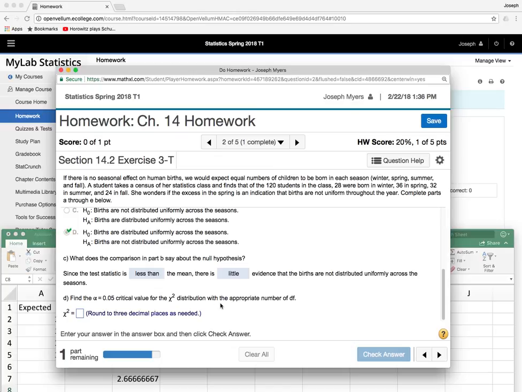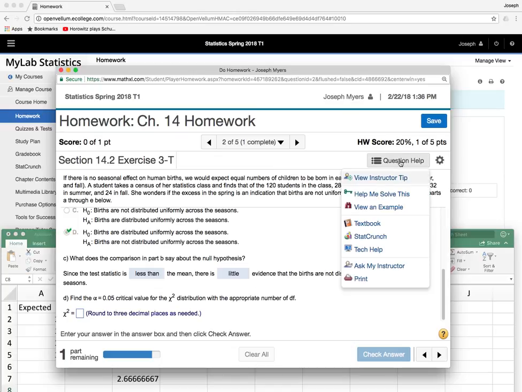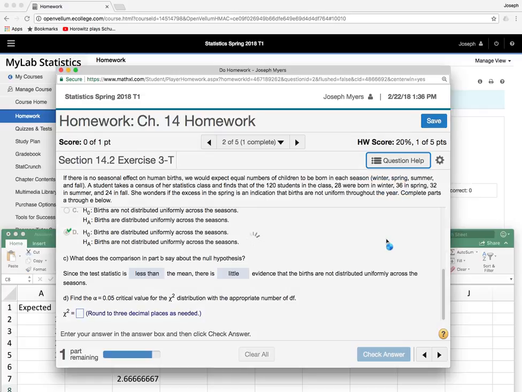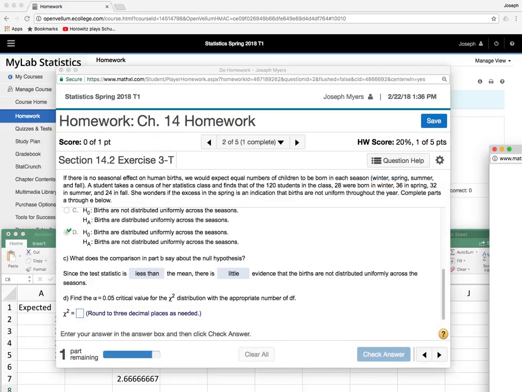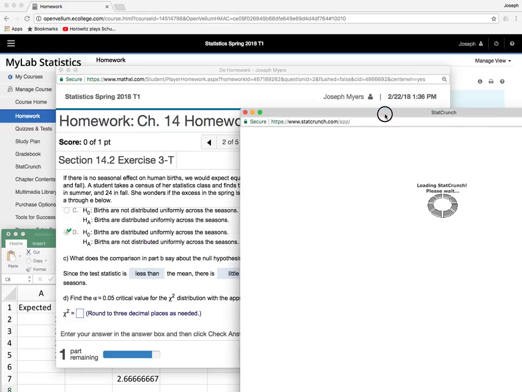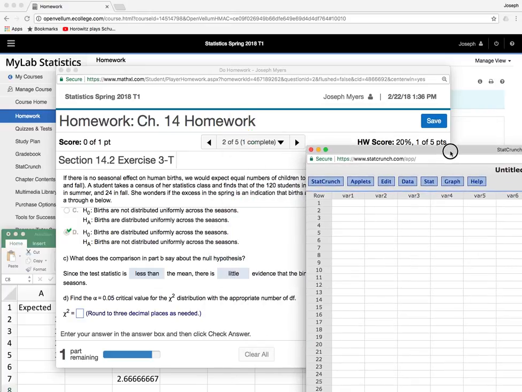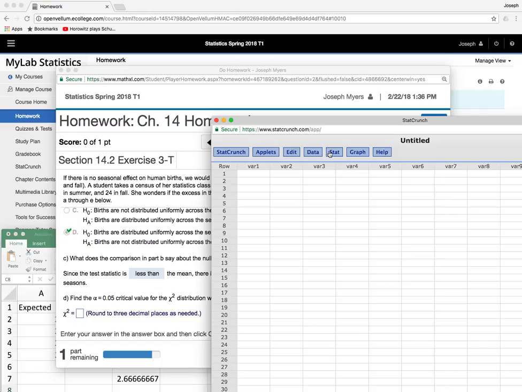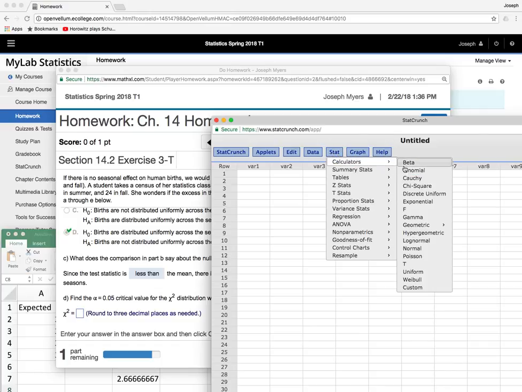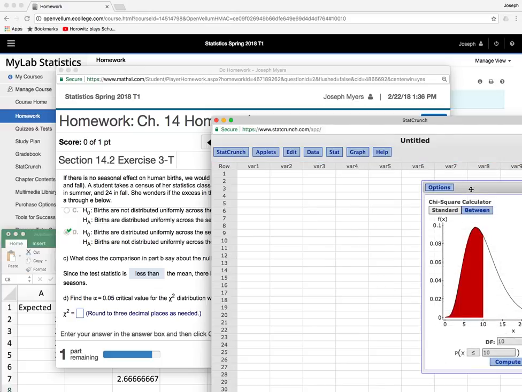Okay, now let's find the critical value for the chi-square distribution with the appropriate number of degrees of freedom. So to do this, we're going to have to use StatCrunch or a chi-square table, either one. So let's see. Stats, calculators, chi-square.